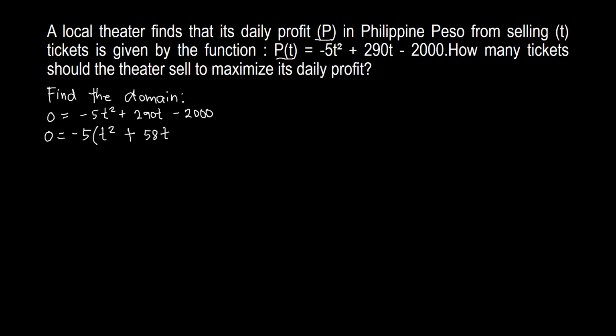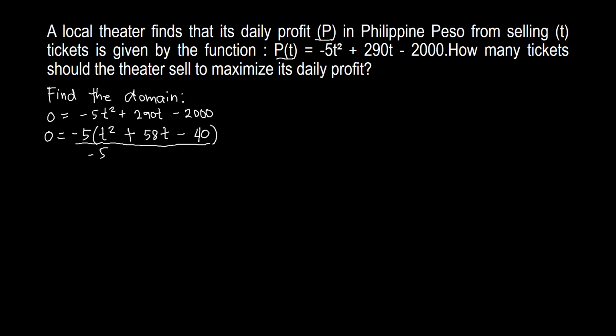And then minus 2,000 divided by negative 5 will be minus 40. Out from there, we can simply eliminate the negative 5 by dividing both sides by negative 5.